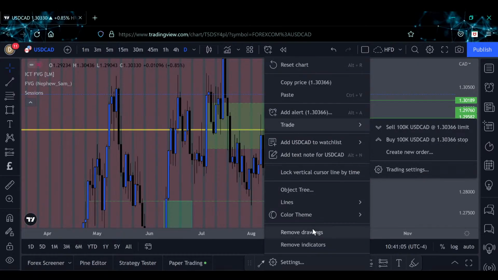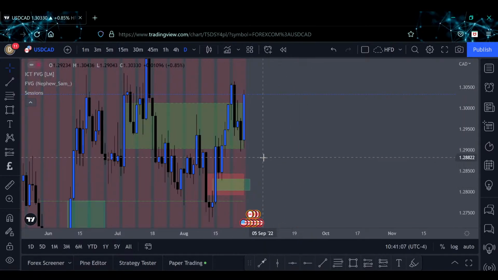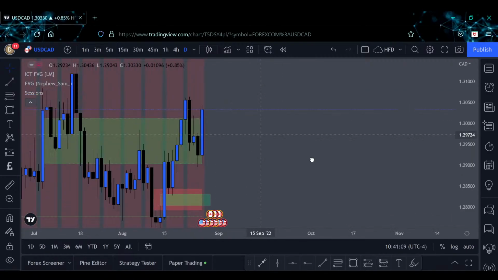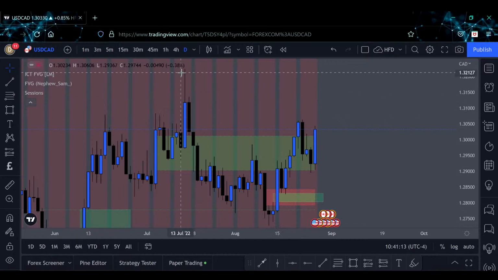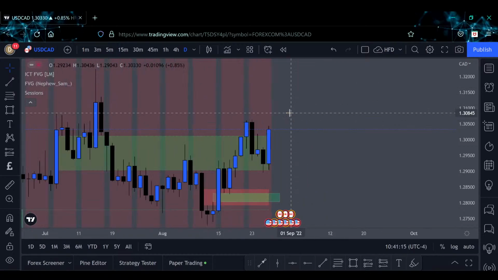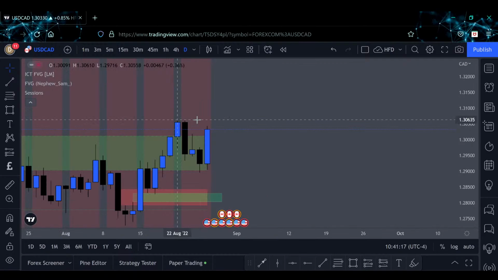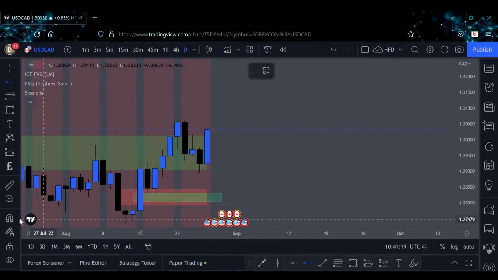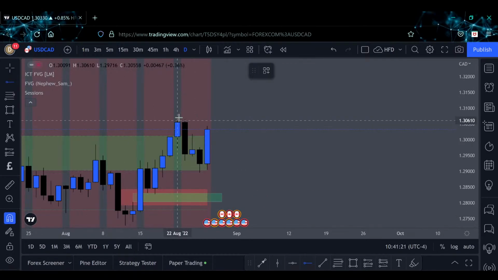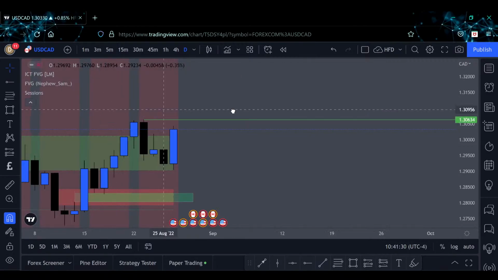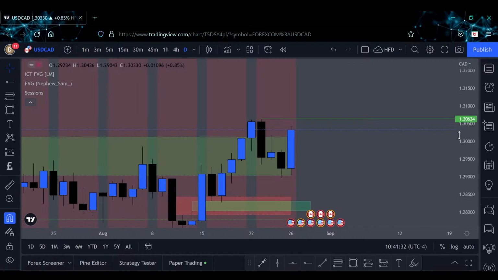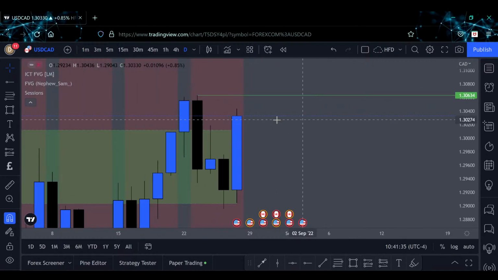Right, we'll remove the drawings. Big wick here. Then there's also relative equal highs. So that one's been cleared by this one, but relatively equal, so it'll still be a target.